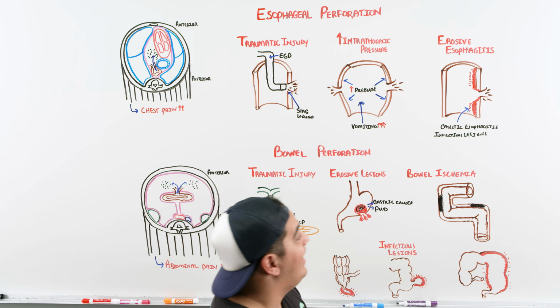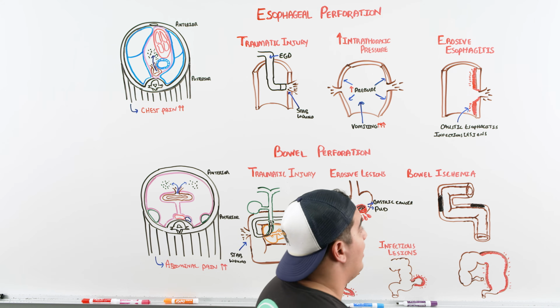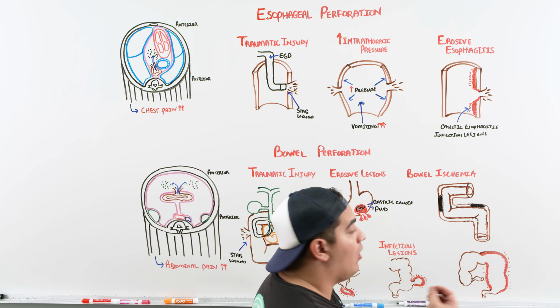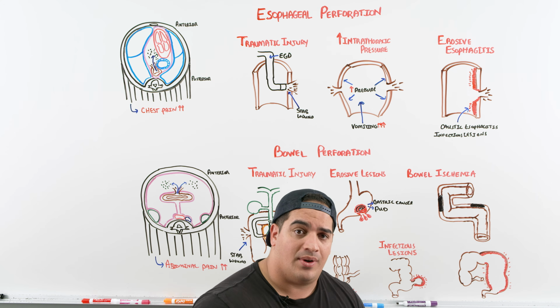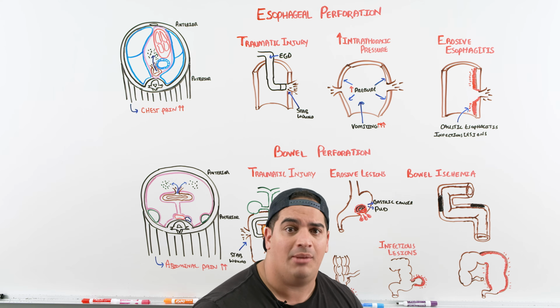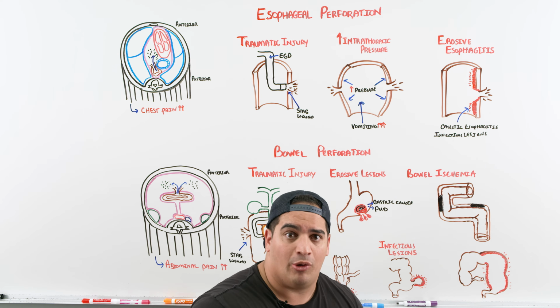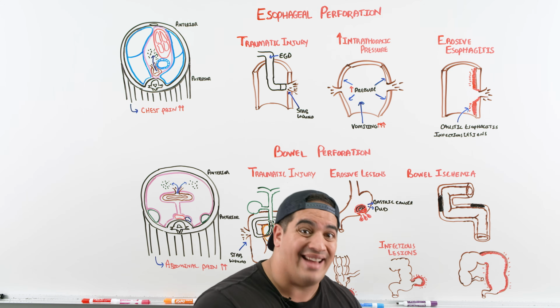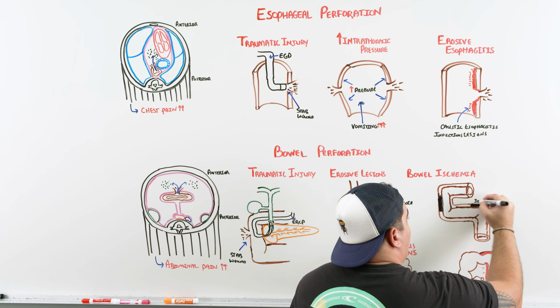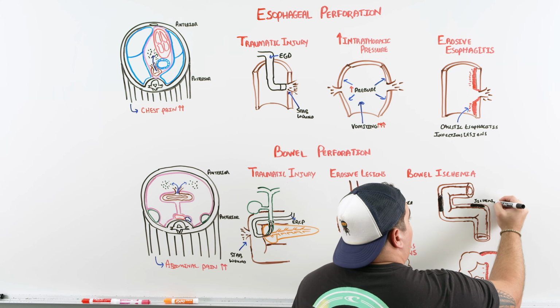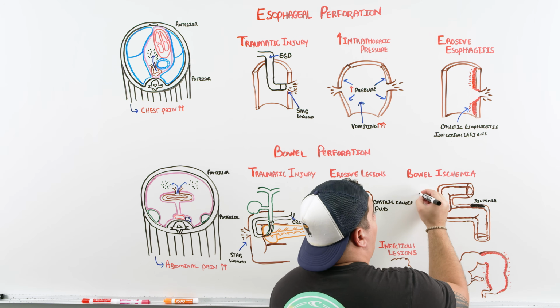Bowel ischemia is a really terrifying one. And this is where the bowel is having long periods of no oxygen being delivered to the tissue, so it starts to become profoundly ischemic. And if not reversed in an appropriate amount of time, the bowel will begin to die. And so what you'll see is you'll see areas of ischemia here, but potentially maybe it's actually started to infarct.